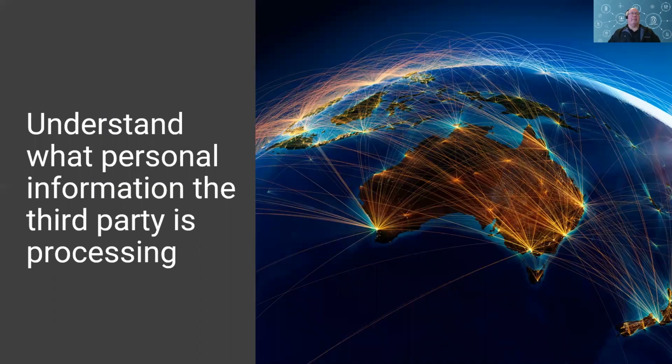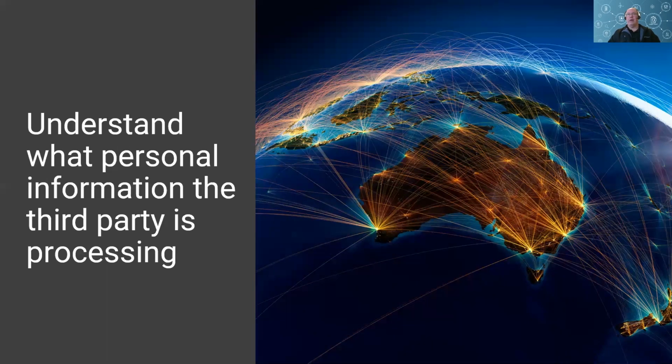From a personal information point of view, as part of the third-party assessment, when you're actually going to start working with this information, it's very important to understand what personal information you're going to ask that third party to process on your behalf. This has a bearing on the legislative side of things as well.